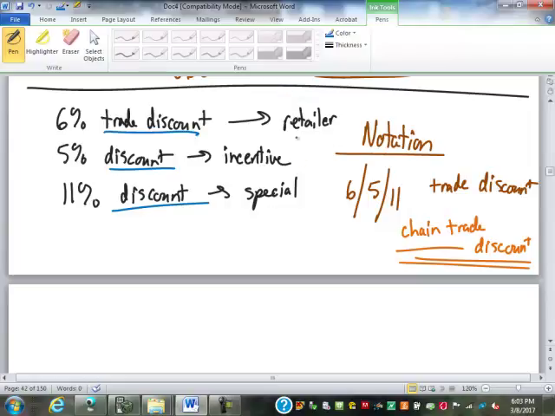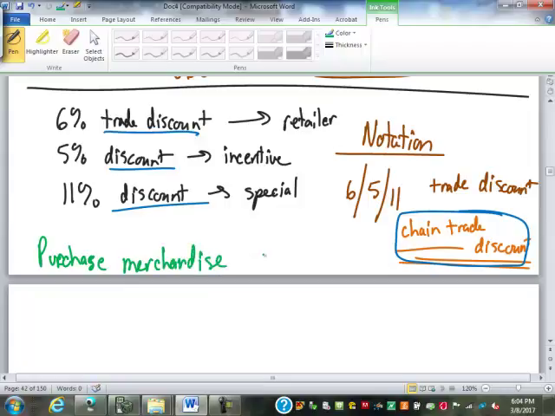Oh, very cool. So anyway, that chain trade discount is just several trade discounts applied at once. And the way you would work that, let's say that we are going to purchase merchandise with list price of $4,200.